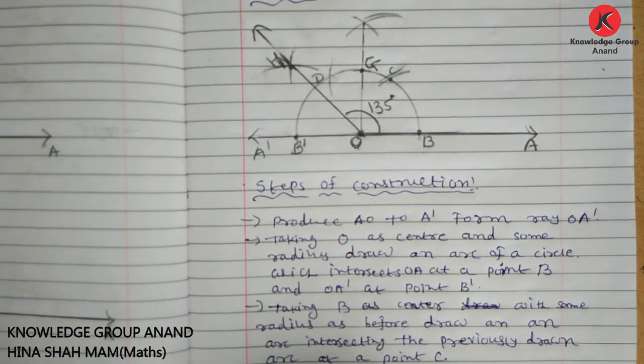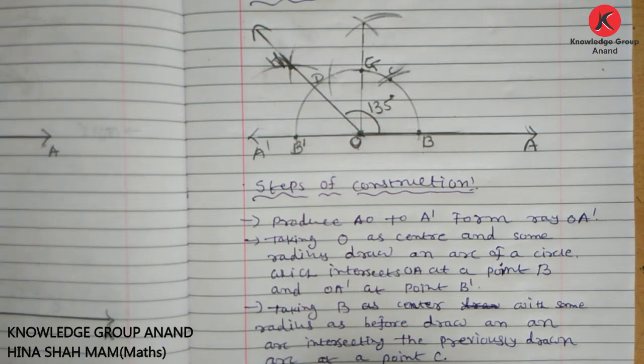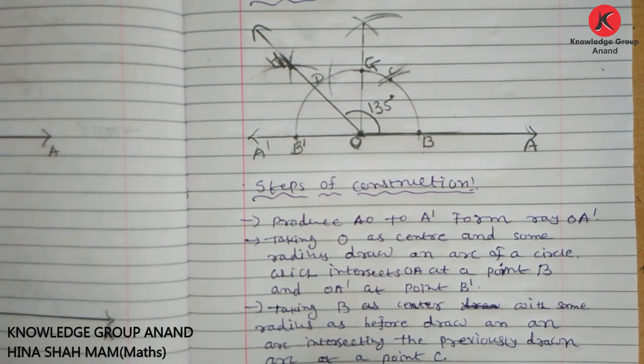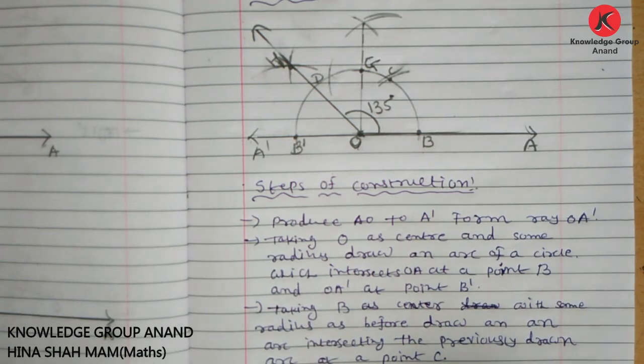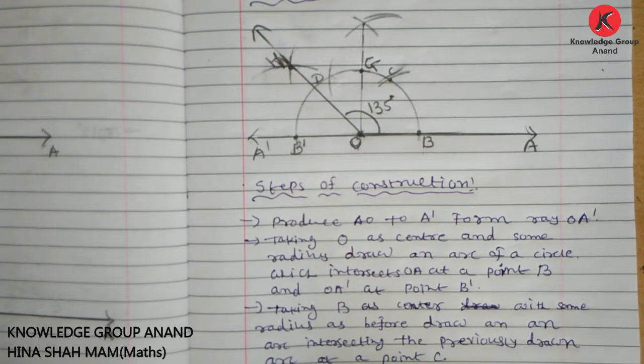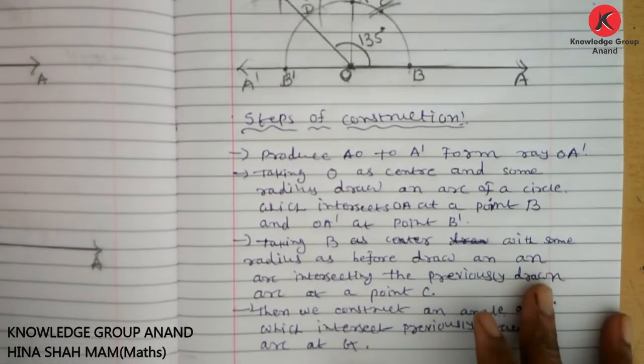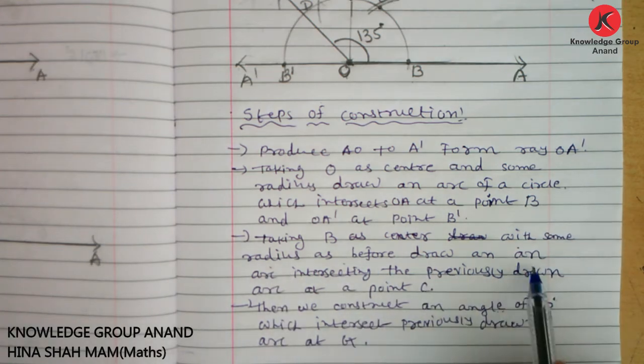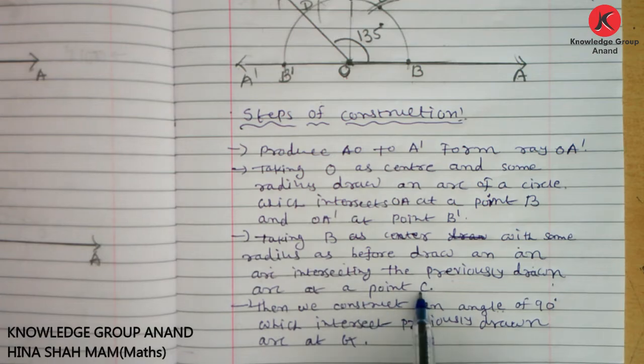Then we construct an angle of 90 degrees which intersects the previously drawn arc at G. Again, taking B as center with the same radius as before, draw an arc intersecting the previously drawn arc at point C here.